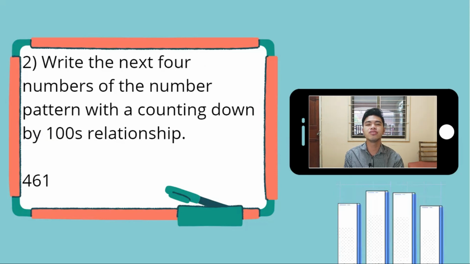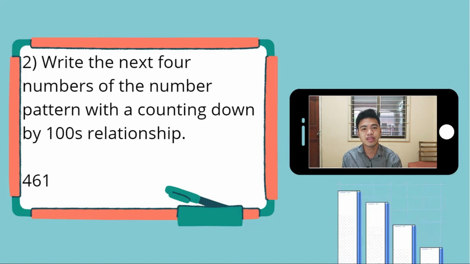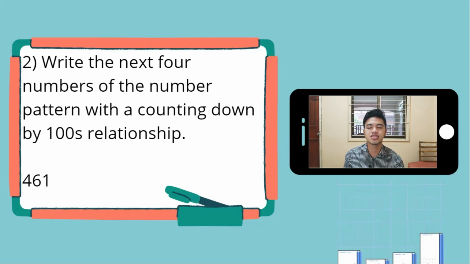So for the number 2, we're going to write the next 4 numbers of the number pattern with a counting down by 100's relationship. Okay, so here we have counting down, which means that we are going to subtract 100 from the first number. Okay, so let's go. We have 461, so we will subtract 100 from it, and it will be 361.